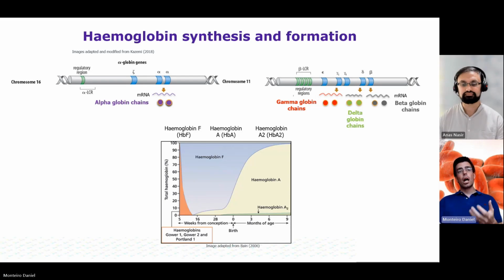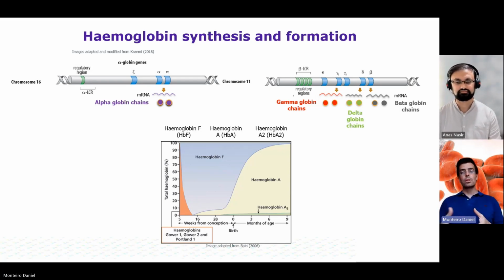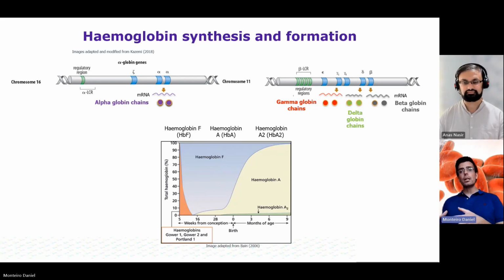If you put together alpha globin chains with beta globin chains, you produce hemoglobin A for adults. Easier as well to understand because it's going to be the main hemoglobin present in adulthood. And then you just see what's remaining. You have the alpha chains, and you put them together with delta globin chains, and you produce the hemoglobin A2.